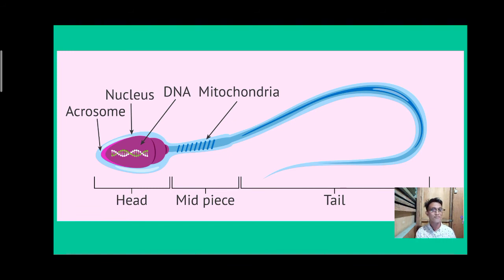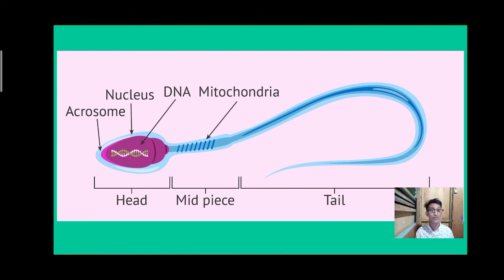Located in the head, at the tip of the head, it actually contains an enzyme. That enzyme is called the acrosome. This acrosome will help the sperm to penetrate the protective layer that surrounds the egg cell during fertilization.